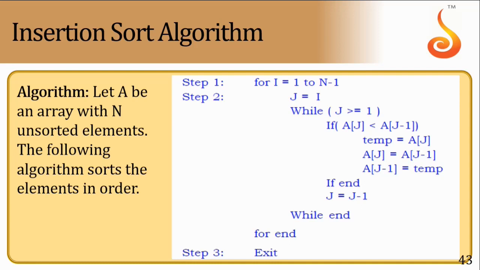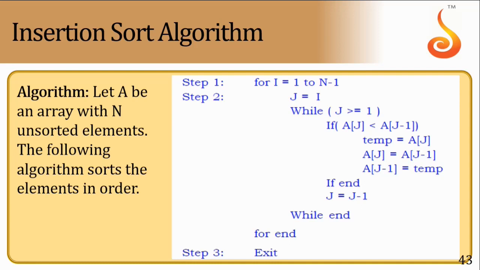So what am I doing here? j is equal to i. So j is the pass number. For example, it is pass 1. How many comparisons were there in pass 1 in the last example? There was 1 comparison, right? So j is equal to i while j is greater than or equal to 1.